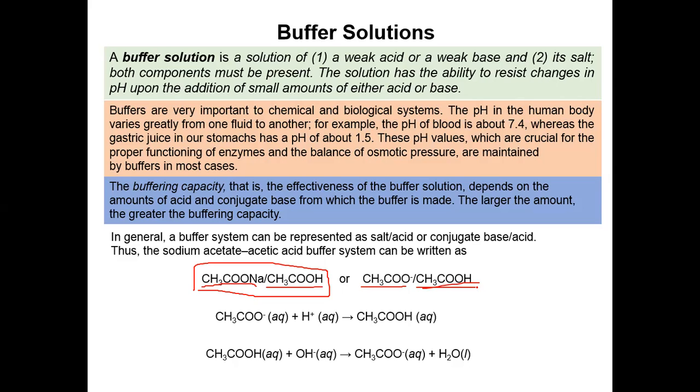So how does it work? And a buffer has a capacity, right? It can neutralize a small amount of acid. Say we drink Coke, which is a little bit acidic, but we have a buffer and it can neutralize the acidity of Coke.